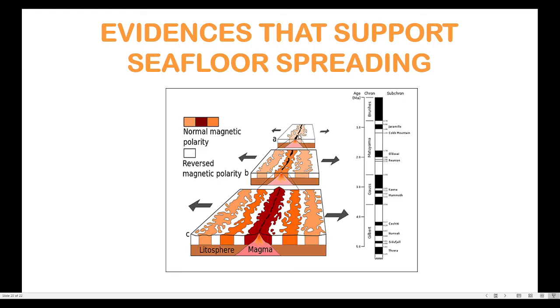Then the lithosphere would be moving away from each other, so this part would separate into this, and newer lithosphere would be formed at the mid-oceanic ridge, and so on and so forth. So these magnetic polarities are recorded in the lithospheric plates, and this serves as evidence that the seafloor is indeed moving.